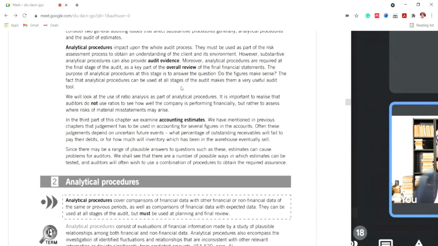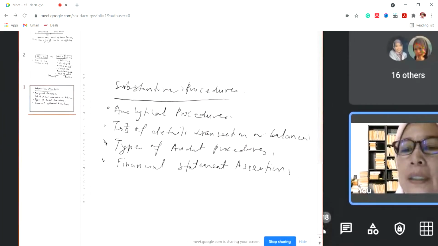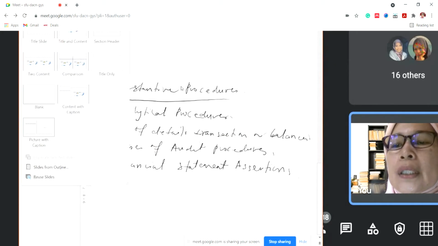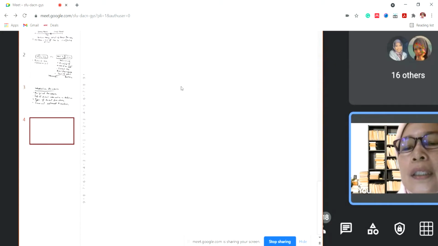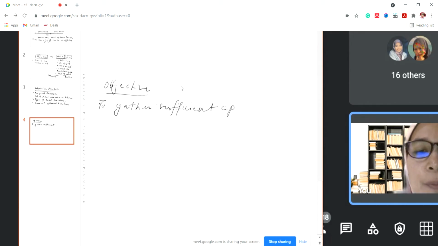So today we look at, before that, what is actually the objective when you perform the substantive procedures? The objective is to gather sufficient, appropriate audit evidence.